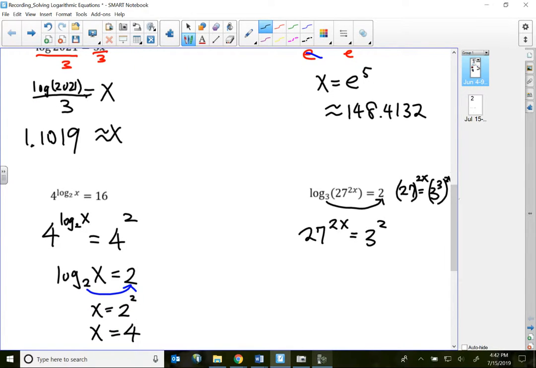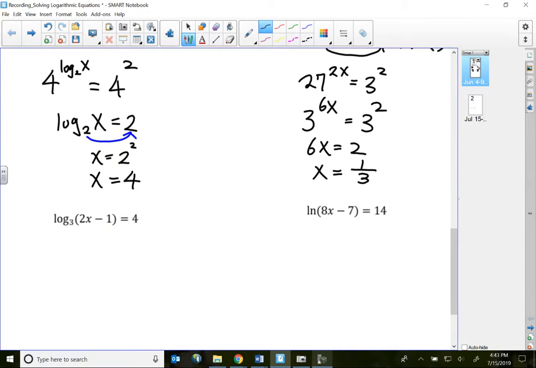By the power rule, that's 3 to the 6x power equal to 3 squared. Once the bases are the same and equal, I can set the exponents equal to each other. So my exact answer will be 1 over 3, dividing both sides by 6. Both of these are very similar. I'm trying to make the bases the same so we can set the exponents equal to each other.